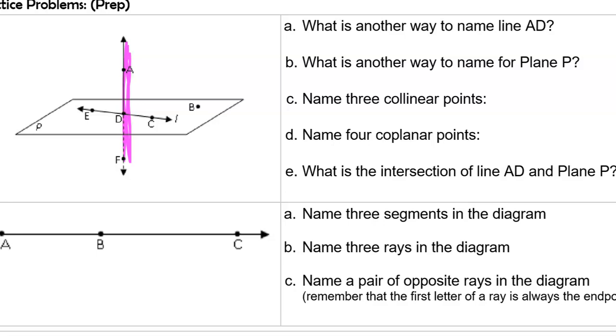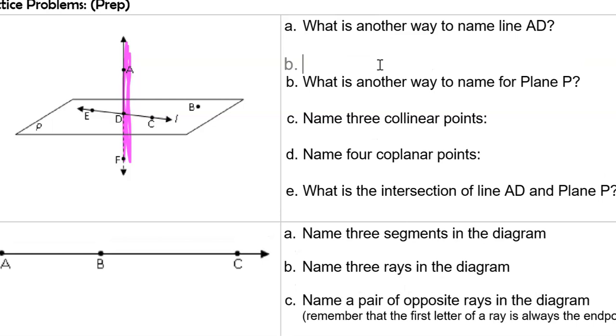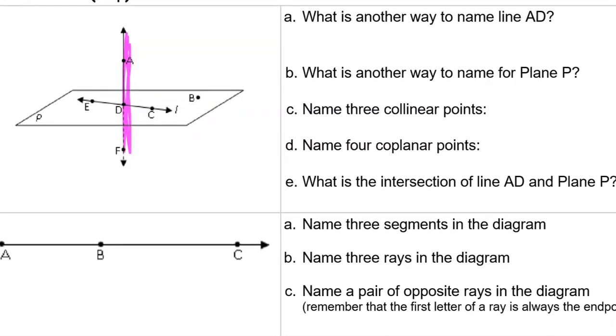And remember that to name a line, you need to name 2 points that are on that line, or a lowercase letter that's labeled. They don't give us a name for the line, so I'm going to consider different points that I could use. They've already used AD, but maybe I could use line DF.